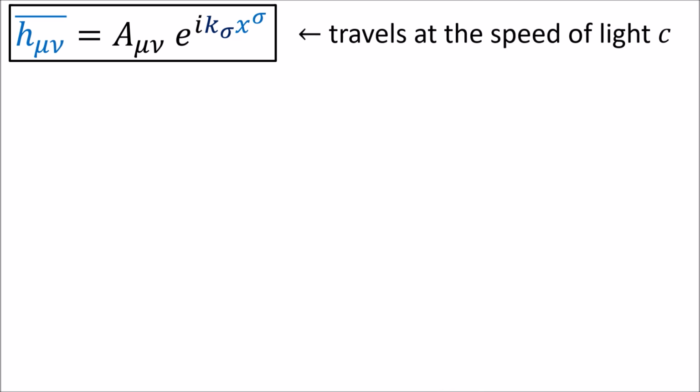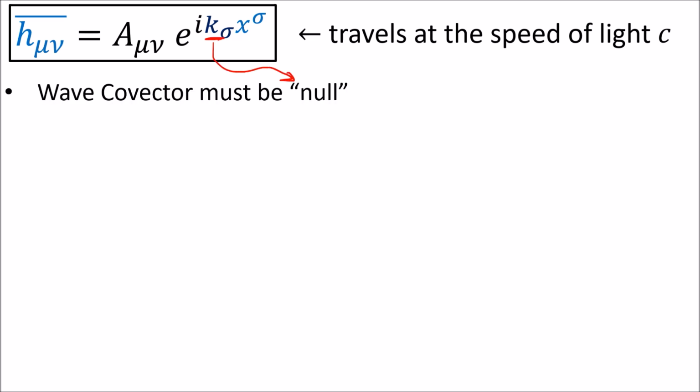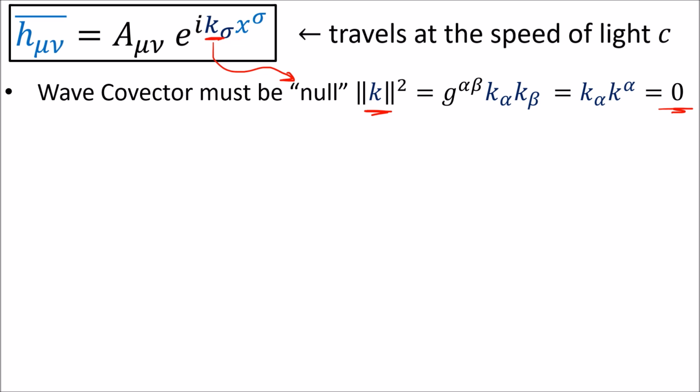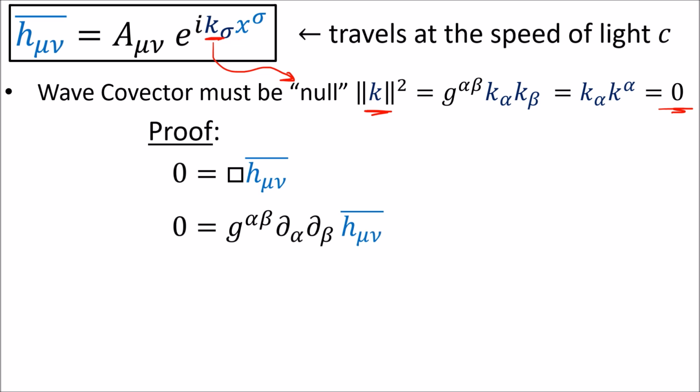Since gravitational waves travel at the speed of light, this wave covector k must be a null covector, also called a light-like covector, meaning its squared magnitude is 0. To see this, we start with the wave equation on h bar, and expand the D'Alembert operator so we get two partial derivatives on h bar.